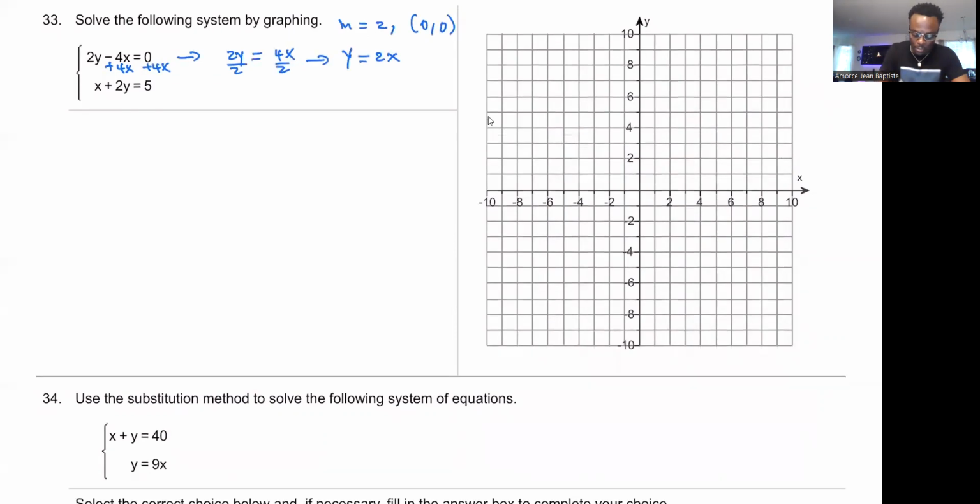Let me graph this line very quickly. That's (0, 0) here, and go up 2 over 1. If I go down 2, I would go over 1 to the left. That is my first line.